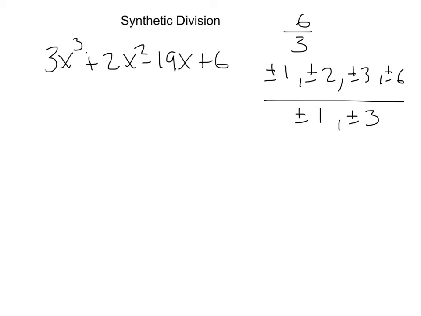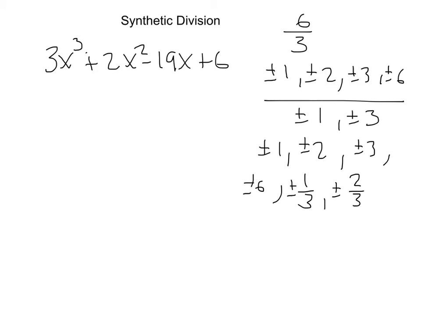So 1 over 1 is 1, 2 over 1 is 2, 3 over 1, 6 over 1, and then 1 over 3, 2 over 3. Now one thing that's important is 3 over 3 is the same thing as 1, you don't have to write it twice. Same thing with 6 over 3 is 2, you don't have to write it twice.